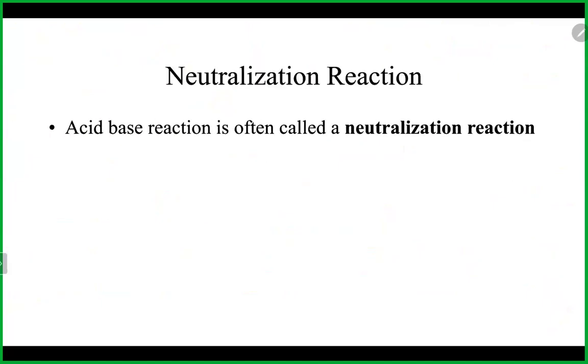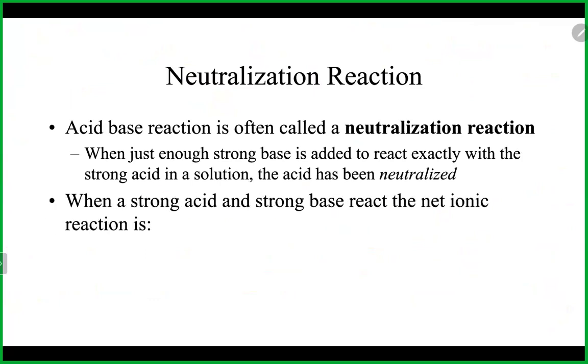Now, we're going to talk about an acid and base reaction. Most of the time when you do a titration, and not all titrations will involve acids and bases, but most commonly they do. When we do an acid-base reaction, we will get a neutralization reaction that we talked about before.